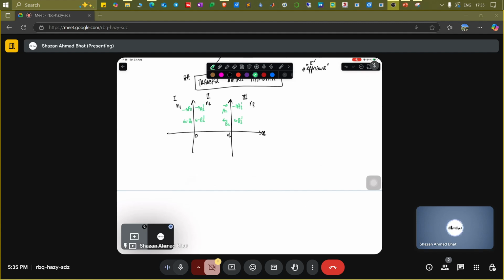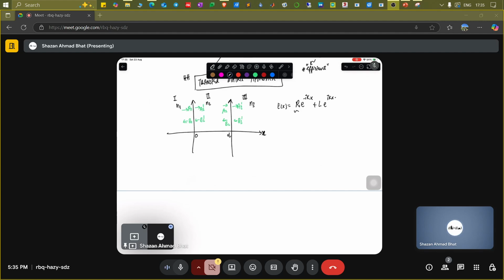So now what we are going to do is relate these coefficients. You can write the electric field as some coefficient times e to the power minus ikx plus some coefficient times e to the power ikx.